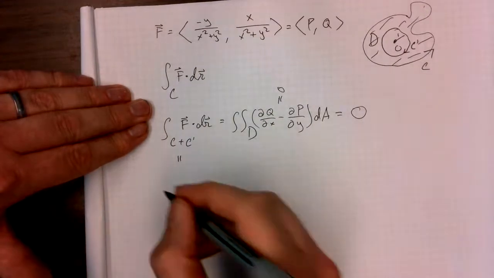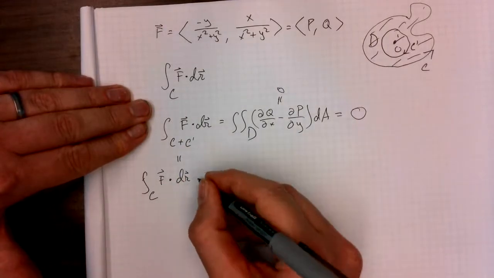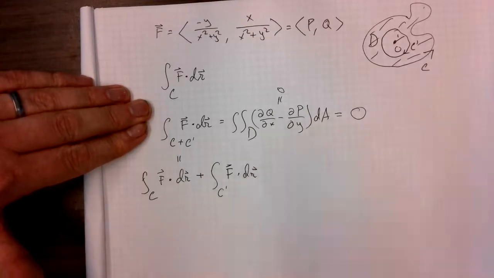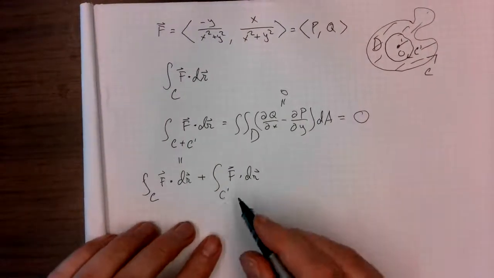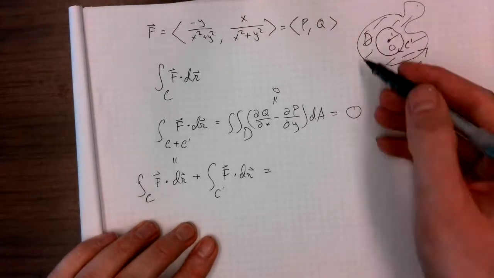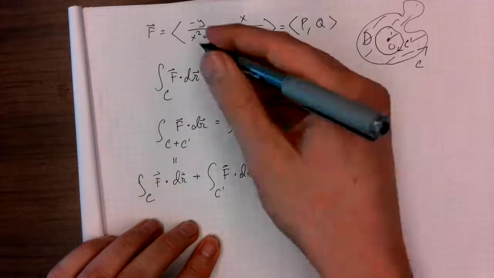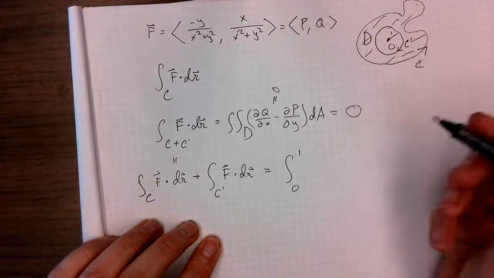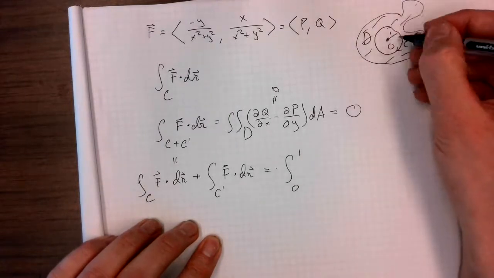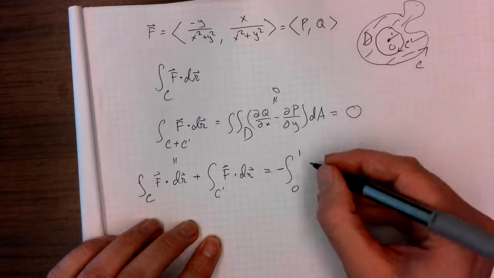Well, that means that this is the integral over C of f dr plus the integral over C prime of f dr. Now this guy, if we parametrize the circle using sines and cosines, what we're going to do is go the other direction, counterclockwise, and put a minus sign over here.